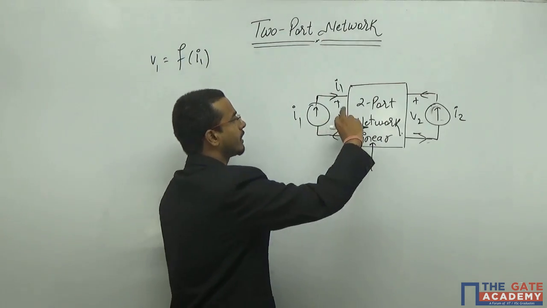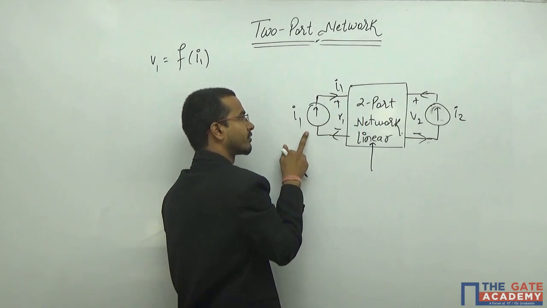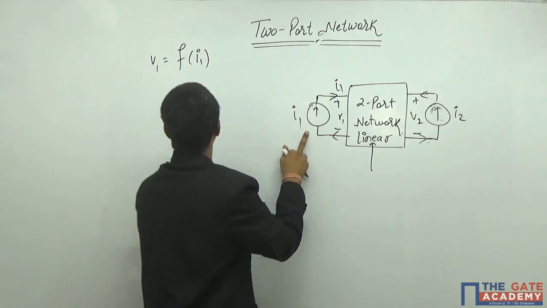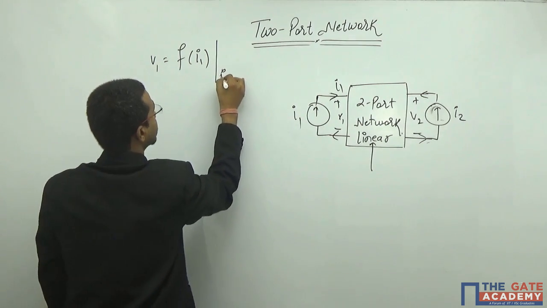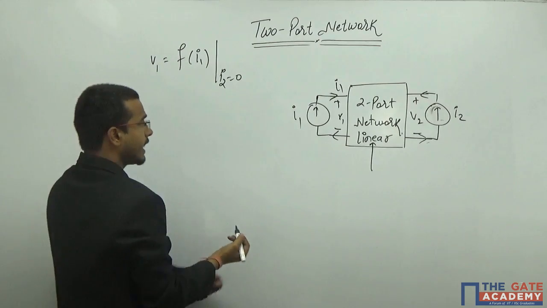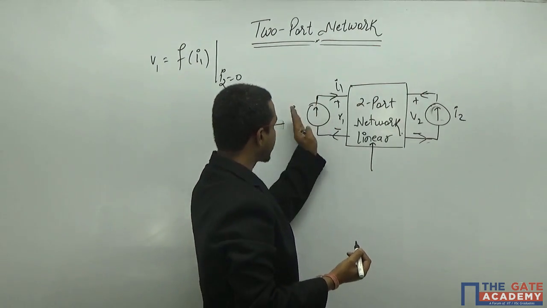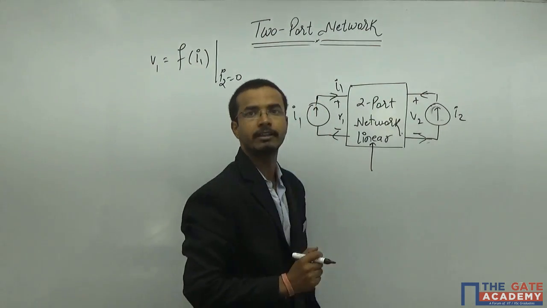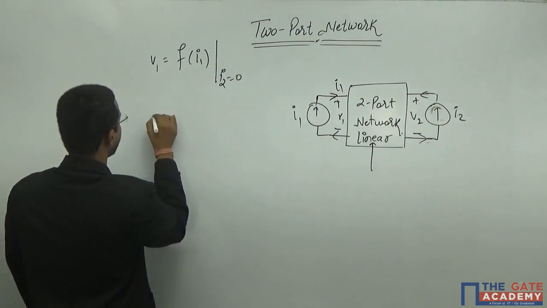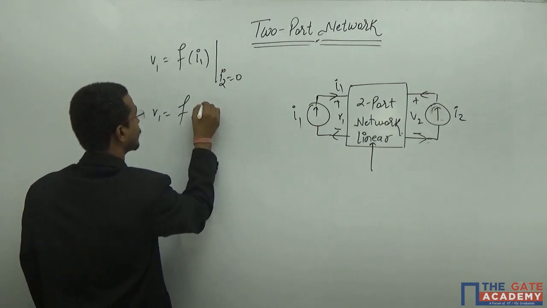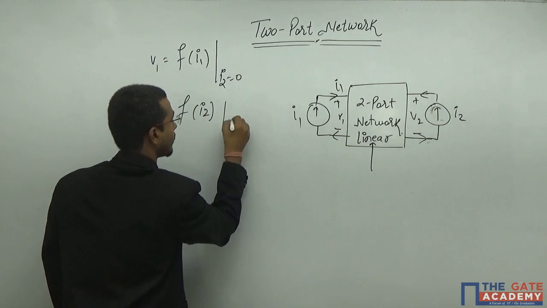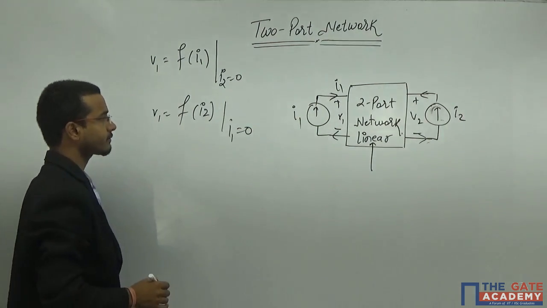That means here I am calculating V1 when this source is acting, when I2 is 0. And again I will calculate V1 when I deactivate this and activate this. That means V1 as a function of I2 when I1 is 0.